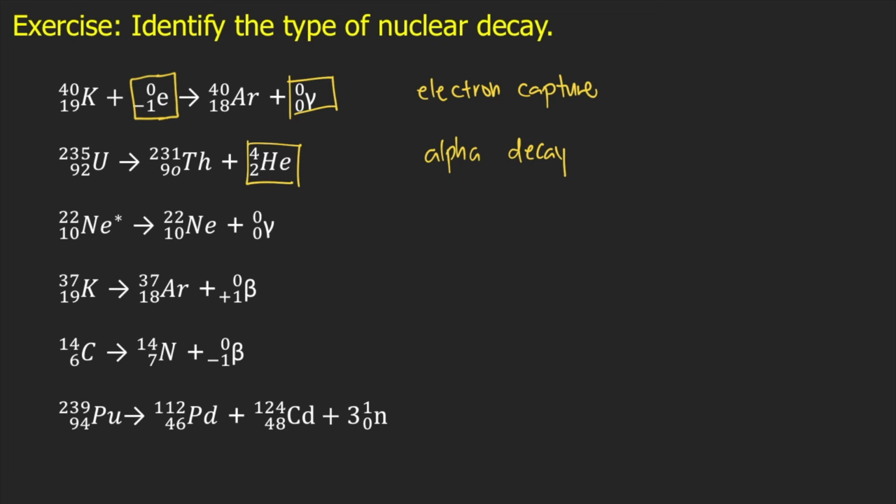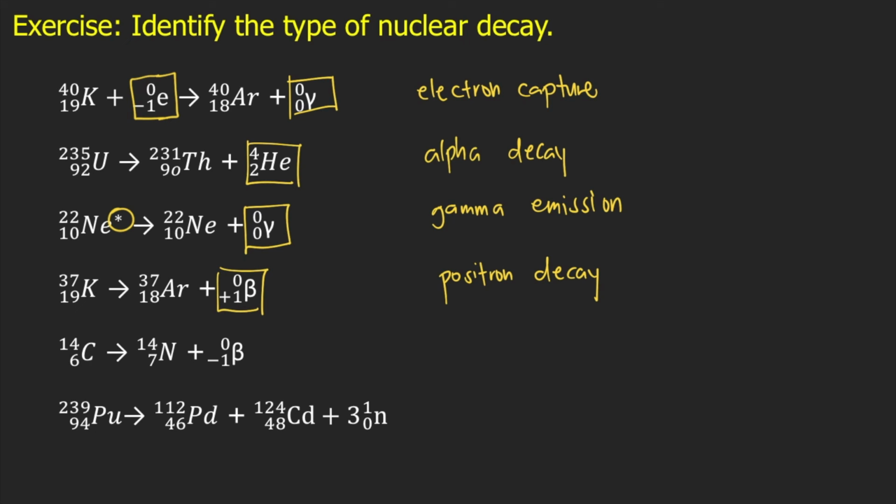For the third example, we have a nucleus at a higher energy state because of the asterisk. Then it emits a gamma ray. So this is gamma emission. Next, the reaction produces a positron. So this is positron decay.